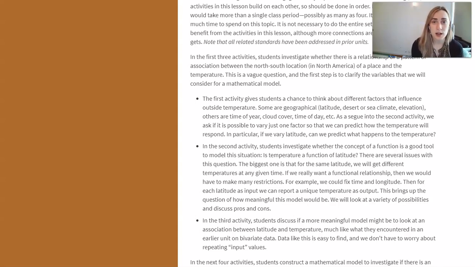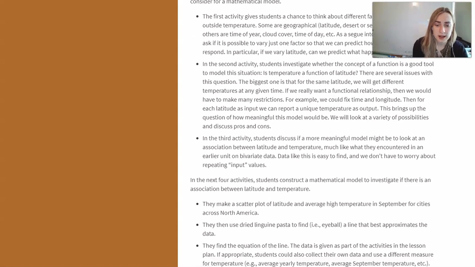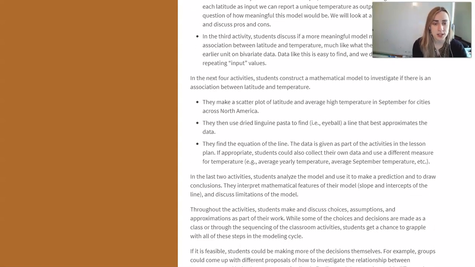Because this project is coming at the end of all of their 8th grade units, students have already learned deeply about functions and learned about associations in bivariate data in scatter plots, and that offers us the chance to allow students to realize when one model makes more sense than another, which is a much more realistic way of interacting with math than when we kind of silo different skills. Now let's move on to the next 4 activities in this project.